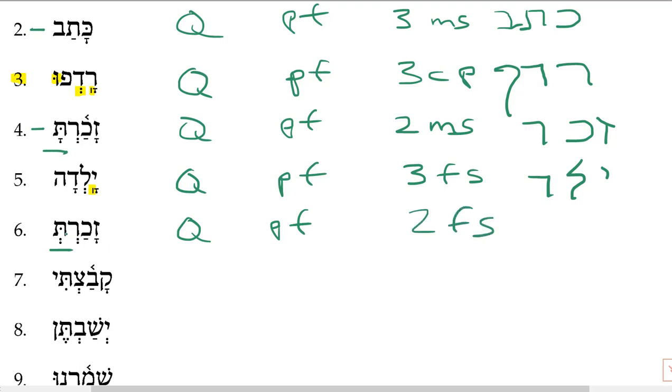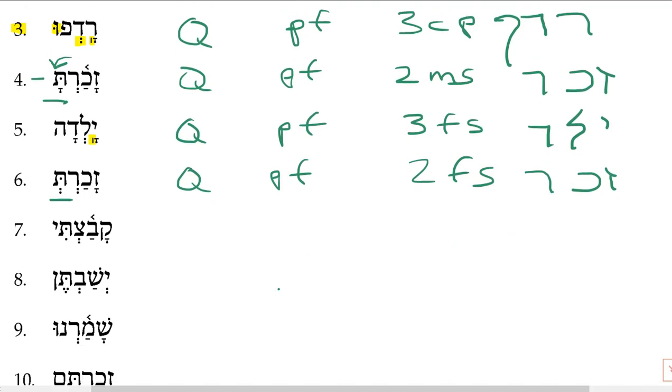So when you see that tav with a silent schwa underneath it, very much like the tav with the qamets underneath it, you're thinking perfect 2FS. And the root is the same as it was up there. It's zakar. So this would be you feminine remembered. So maybe talking to a woman, you remembered.